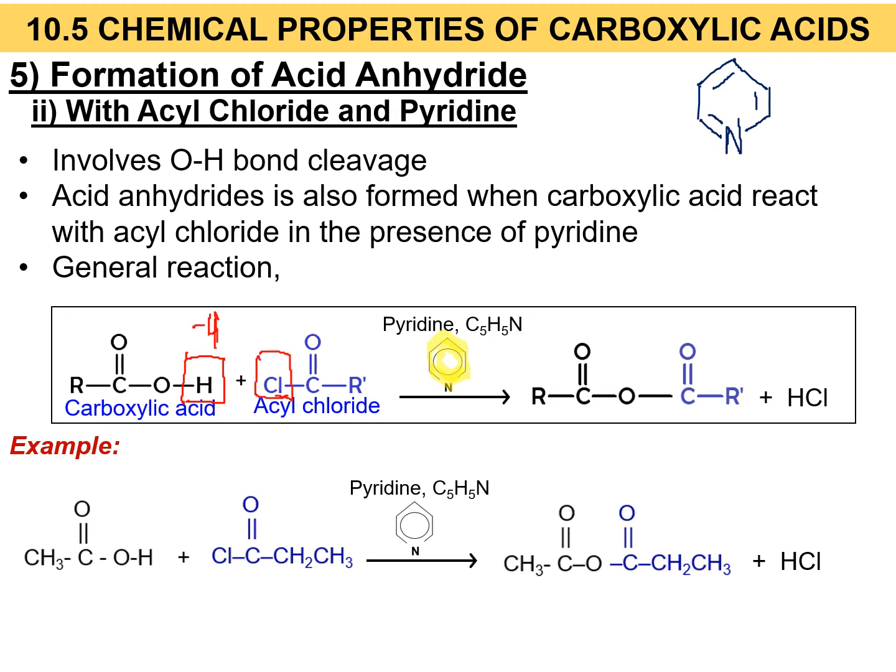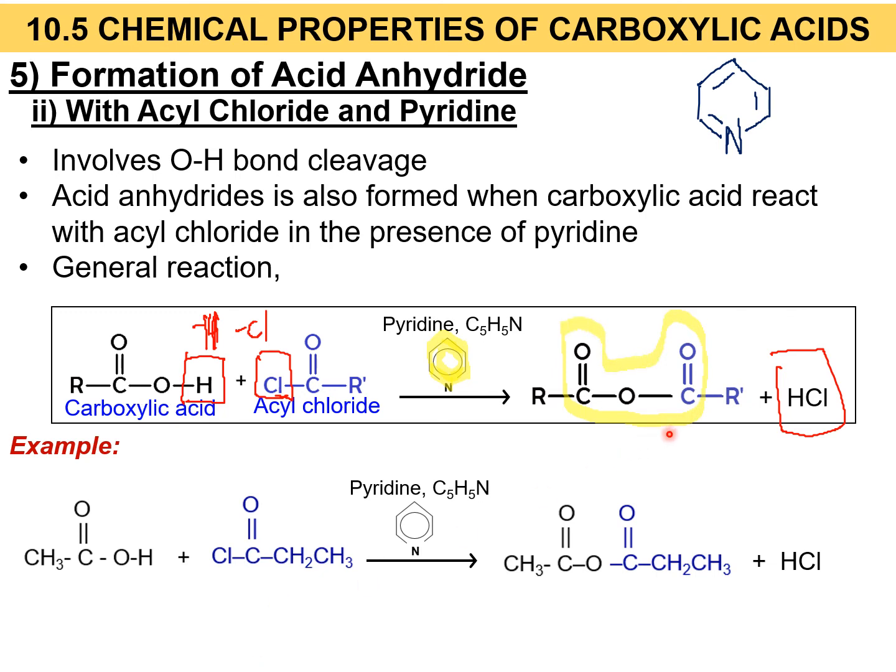Okay, so since that kita get rid of hydrogen and also get rid of the Cl, kita akan dapat side product HCl. Okay, so apa yang berlaku kat sini, kita akan sambungkan lah RC double bond O of the carboxylic acid and also C double bond O alkyl group of the acyl chloride. So kita akan dapatlah kat sini acid anhydride, ya, C double bond O, O, C double bond O.